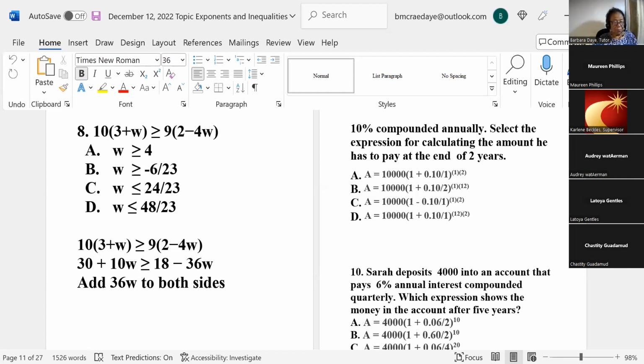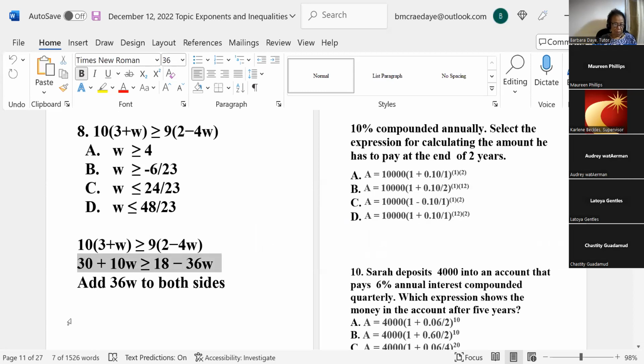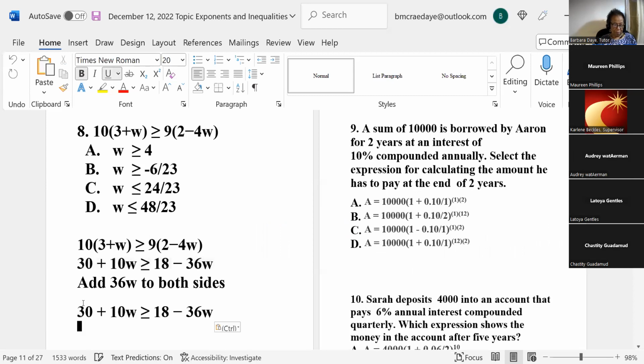Everybody do that. Tell me what you get. So you're going to add the 36W to both sides. You get 30 plus 46.